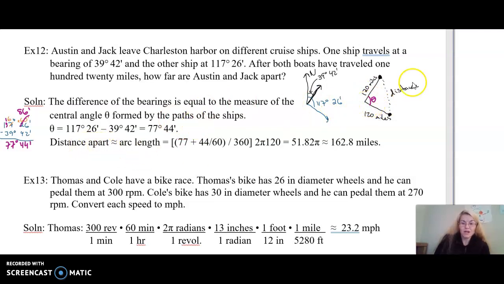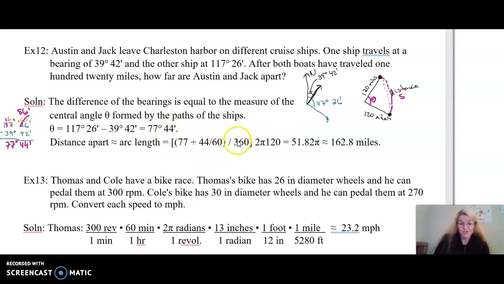Now the distance apart is going to be pretty close, not exactly, but approximately that arc length traced out by theta. So what is that distance s, the arc length? Again, it is the fraction of my circle times the circumference. Here's my circumference, 2 pi r. So what's the fraction of my circle?